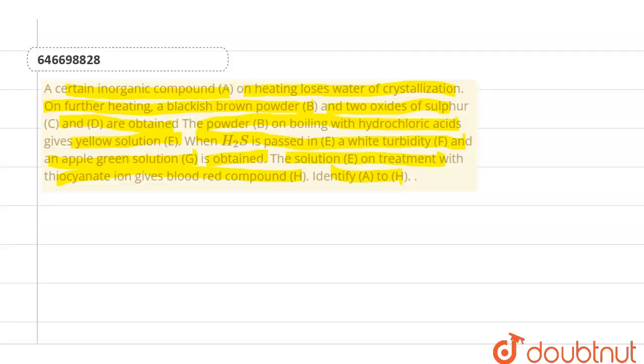So first we have an inorganic compound with water of hydration present. Let us assume N water of hydration is present and some compound X is there, which on heating becomes X plus N water. Water will be lost. This is the first reaction.